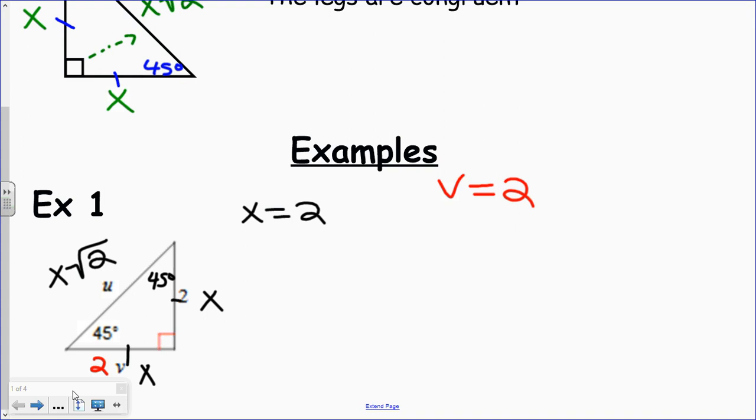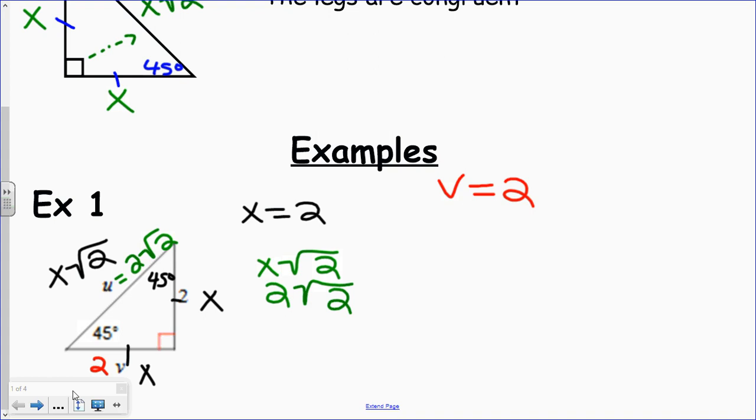So to find the side u, we know we have x root 2, and we know that x is 2. So then this is 2 times root 2. So now we know that this length over here for u is really 2 square roots of 2. And then the other two legs are also 2. And so that's what we're going to do to be able to find all the missing sides. Okay.